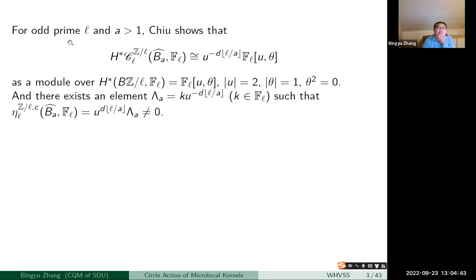In particular, as L is an odd prime, we know that the cohomology ring over the finite field is a polynomial ring over u and theta, with u of degree 2, theta of degree 1, and theta squared equal to 0. Then we can prove that the fundamental class admits a decomposition in this way, and also the fundamental class is non-zero.